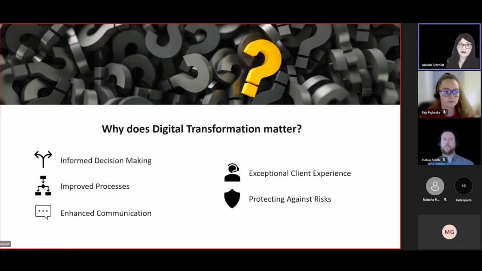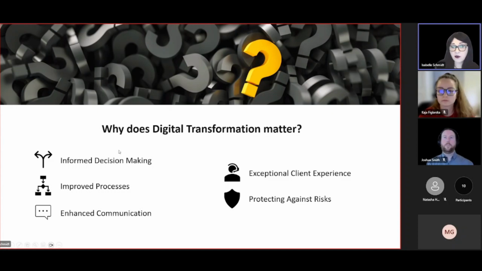That in itself can enhance the client experience: personalized interactions, faster responses, and seamless experiences that exceed customers' expectations. It also helps protect against risks, not just security and IT risks, but business risks. Without digital transformation, decreased productivity, process breakdowns, and frustrated clients can lead to a disadvantage against the competition.